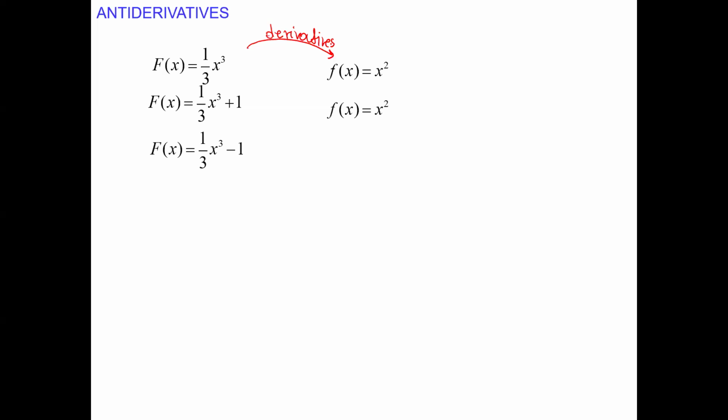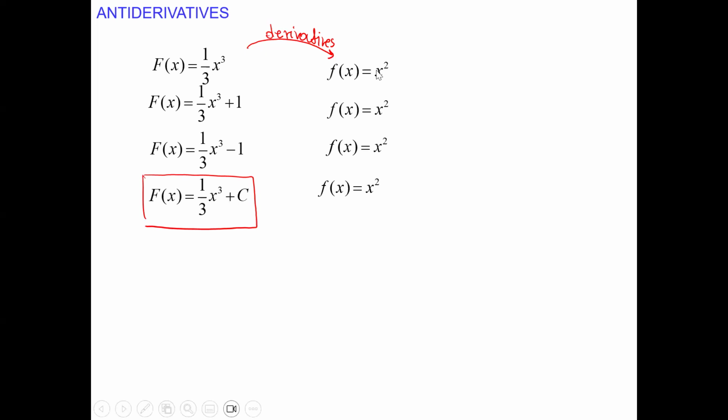And 1/3 x cubed minus 1, the derivative is also x squared, because the derivative of a constant is 0. When we take the general form, 1/3 x cubed plus any constant, the derivative is also x squared. That means now the question is, what is the antiderivative for x squared?